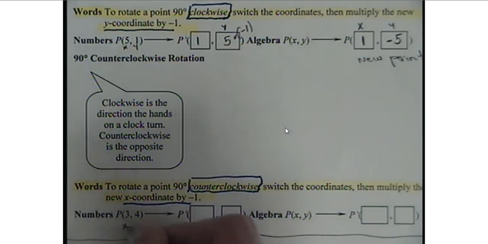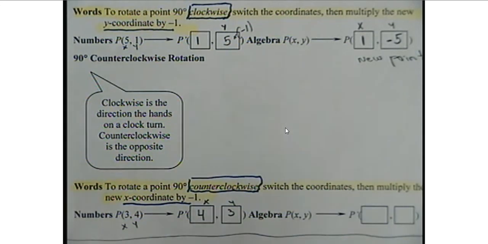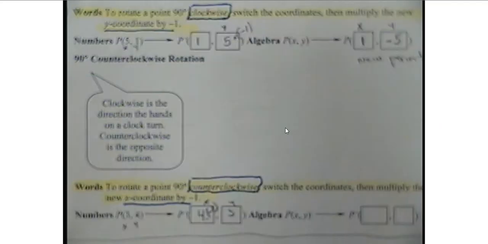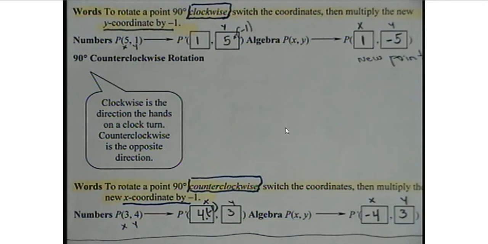Those are x and y, we switch those. 4 becomes x and 3 becomes y. This time we multiply the x coordinate, which is 4, times -1. So my new coordinates will be -4 for x and 3 for y. That is the second important rule when we have a 90 degrees rotation of a point.